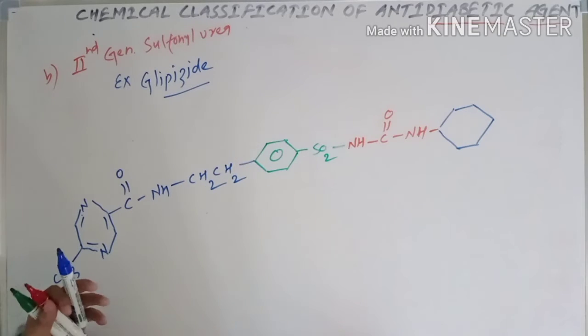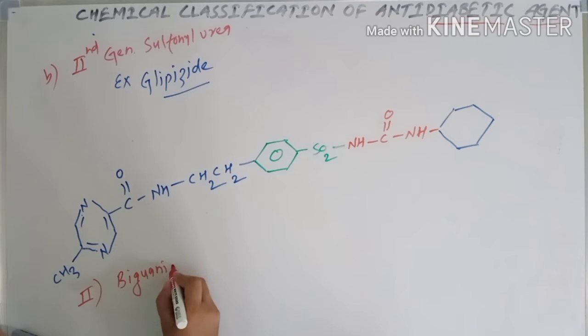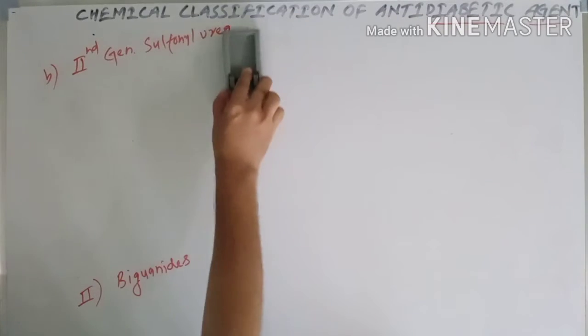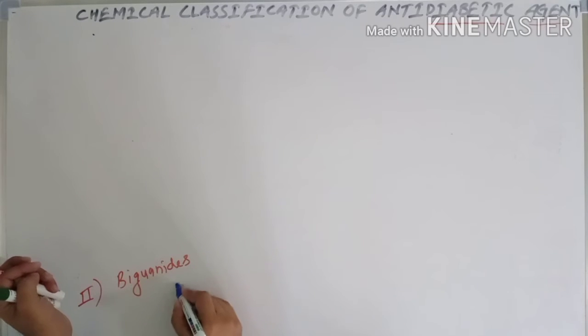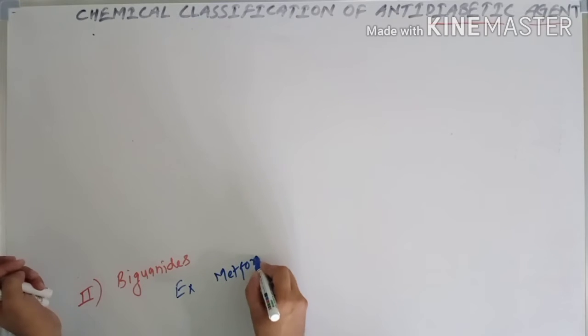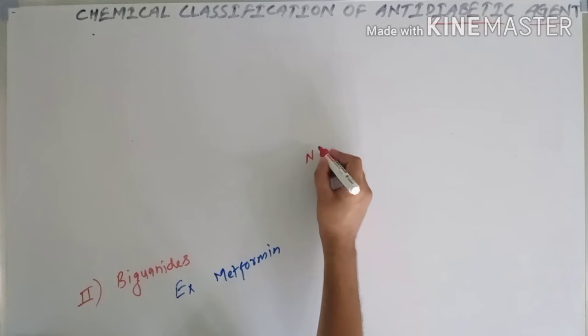Now the second class of antidiabetic agent is biguanides. Biguanides have an example, metformin. So first we will draw the structure of biguanides.